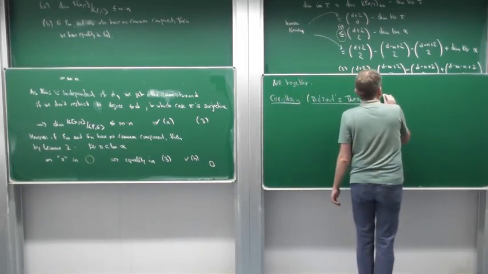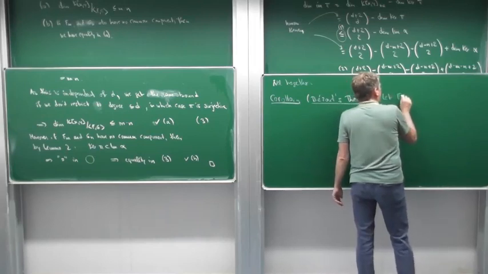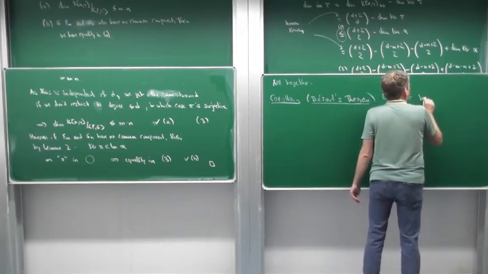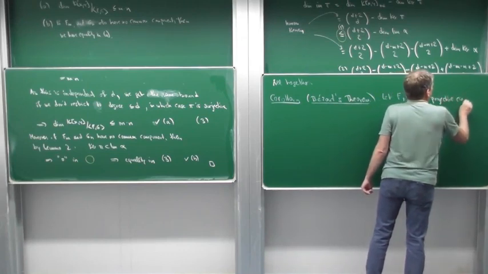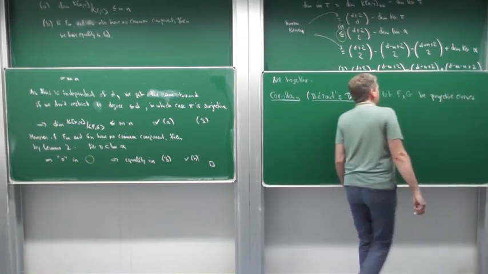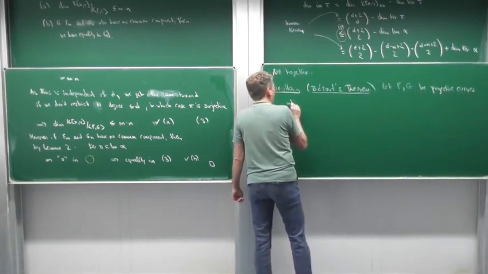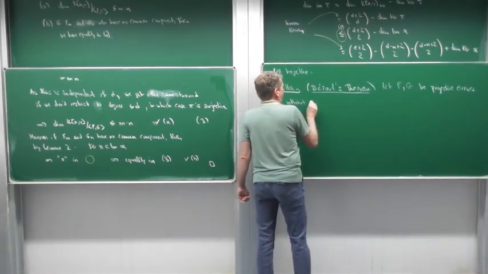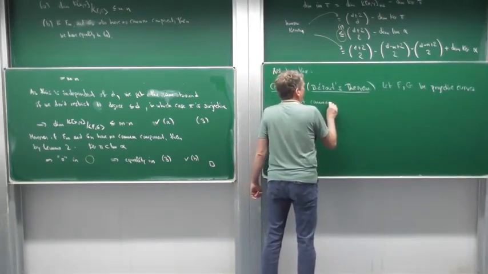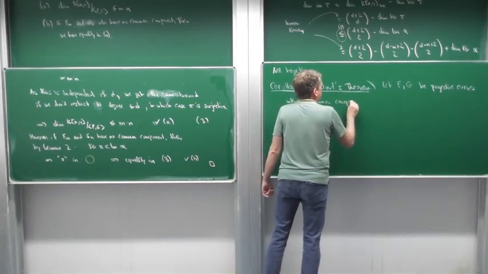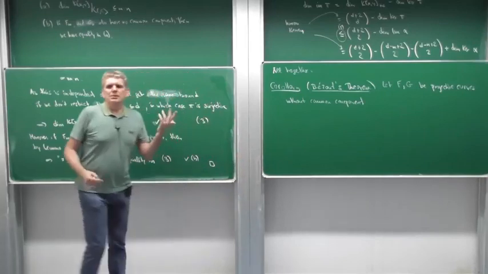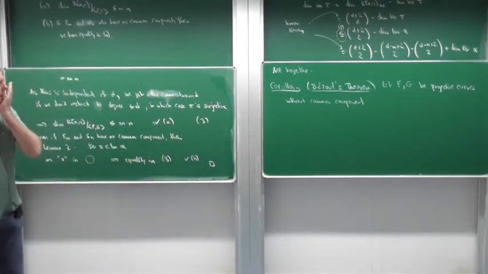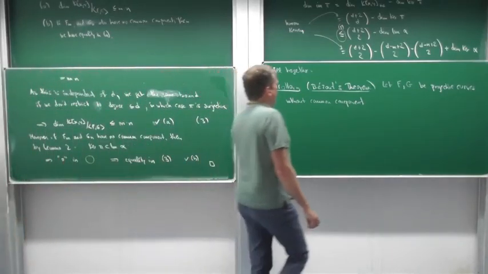Which says for that we need now projective curves f and g, the projective curves without common component. And we clearly need that because otherwise the number of intersection points would be infinite and we couldn't sum over the thing. All the intersection multiplicities would be infinity.